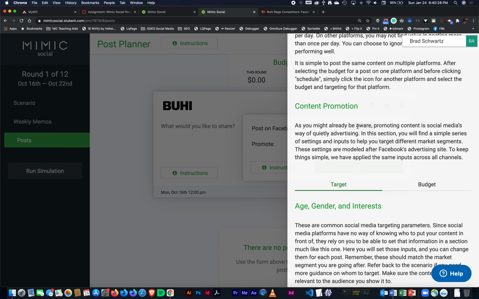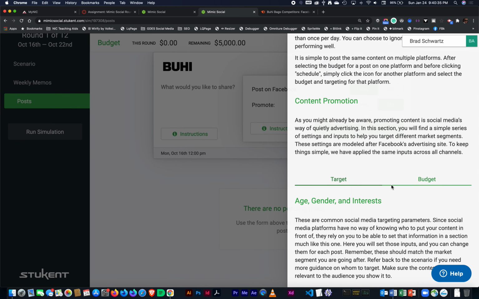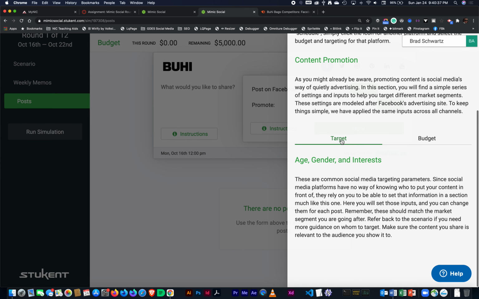Promoted content means we're spending money, we're paying to promote it to get it in front of a specific target audience. You can see here we can target by age, gender, or interest, and this is how you can target content on Facebook and Twitter.